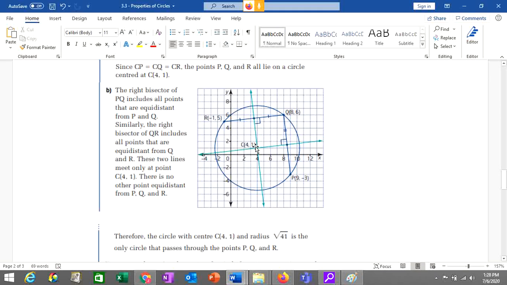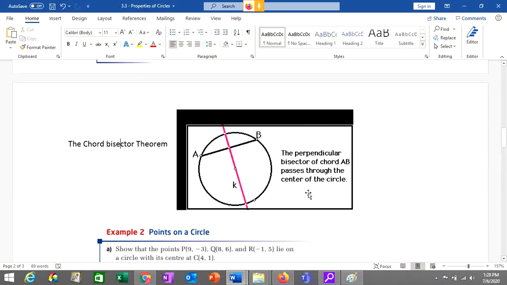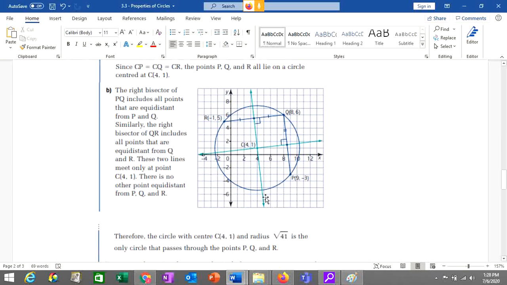So, what does that mean? Well, we know that the center of the circle must lie on the bisector from RQ by the chord bisector theorem. So this light blue line going up and down, the center of the circle must lie on this line. But we have another chord here with a bisector.